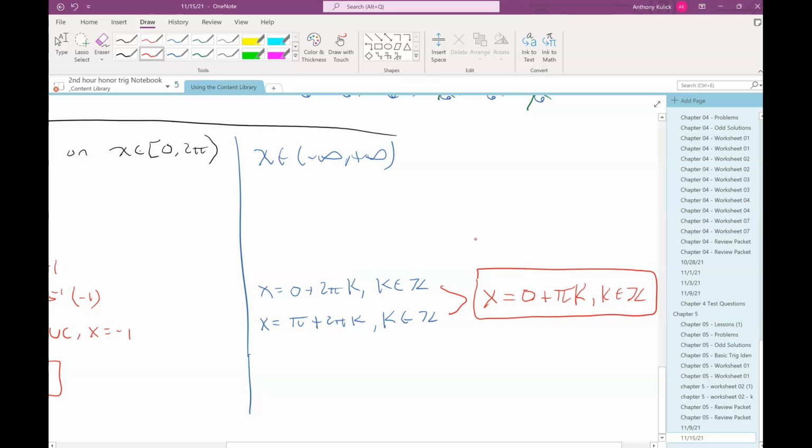I wouldn't mark it wrong if you did not do that on the test. Just FYI. So if you left these as two separate answers instead of combining it into one answer, that's still okay. I wouldn't mark that wrong. But just so you know, on the answer keys everywhere, I'm going to do this because it's way less writing. But it's not a requirement. It's still representing the same solution sets. Okay?